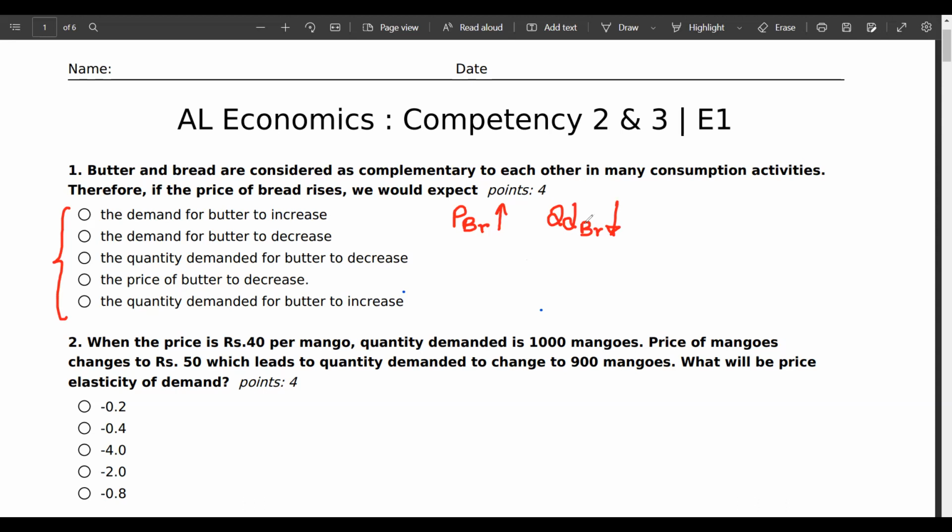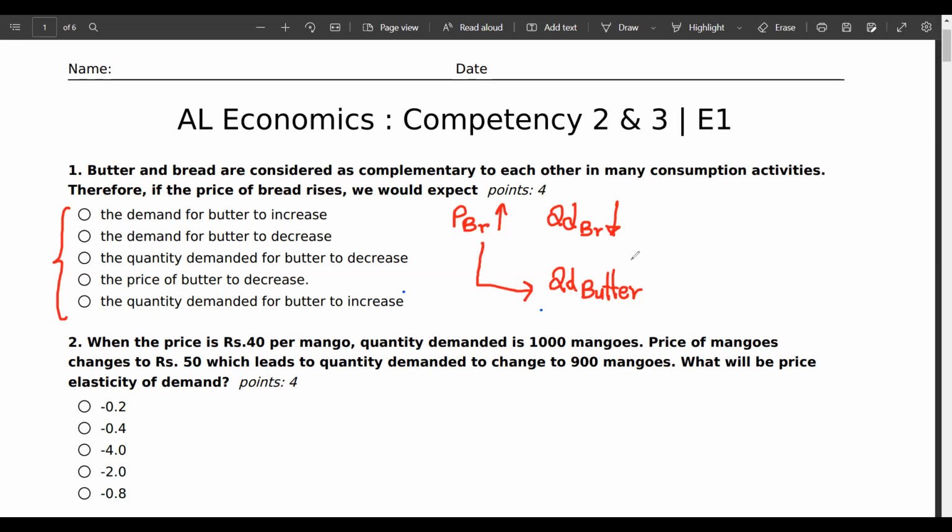So we'll think of when the price of bread goes up, what would happen to the amount people buy of butter? Simply, as stated in the question, butter and bread are complementaries to each other. They are both used together.